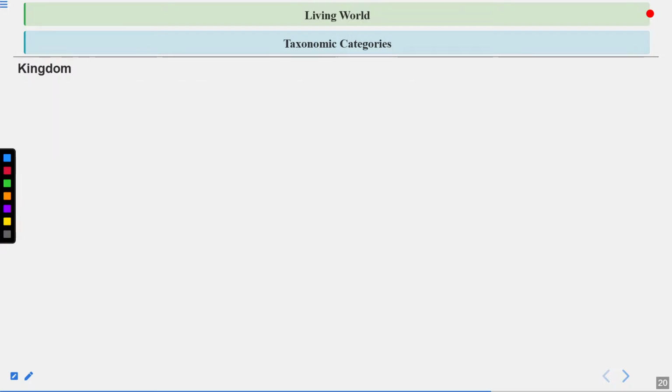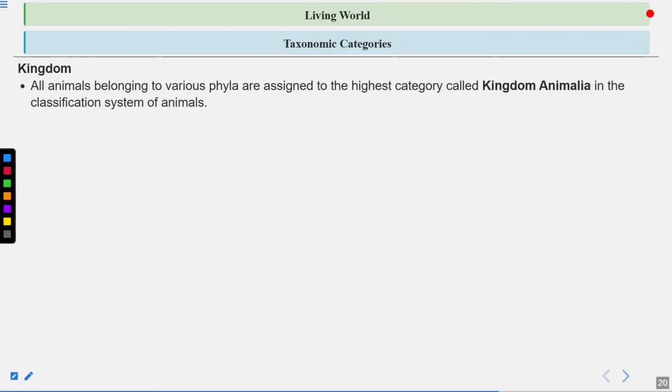Let's talk about the kingdom. Now all animals belonging to the various phyla are assigned to the highest category called kingdom Animalia in the classification system of animals. So kingdom is the highest taxon. It is quite broad and the number of similar characteristics is very less.